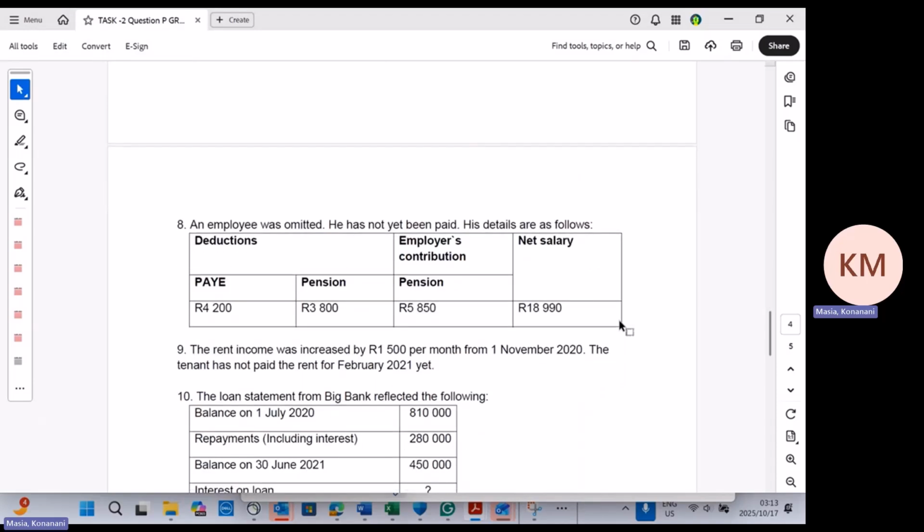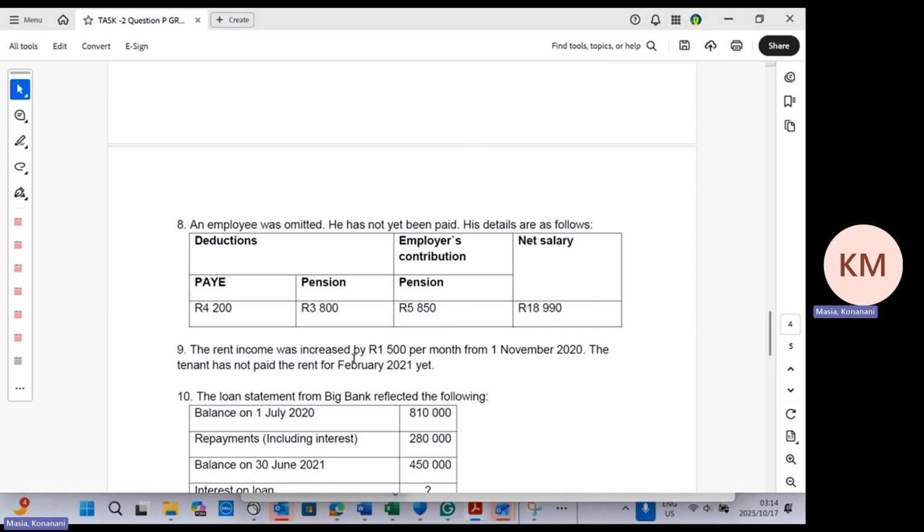I need to say my 1.5 of rental income increased from November, December, January, for 3 months. Then I'm going to say 1.5 multiplied by 3 months is going to be 4,500. Let me show you in my wiki so that you can understand. It's from November, and we've got December, we've got January, which is 3 months.